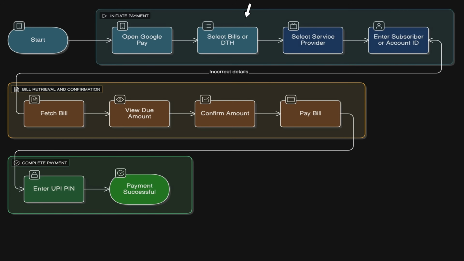It can be Tata Play, Airtel DTH, or ACT Broadband. Then enter your subscriber ID or account number. Then tap on Fetch Bill to view your due amount. Then confirm the amount and tap Pay Bill. Then enter your UPI PIN to complete the payment. You will receive an instant confirmation once your payment is successful.